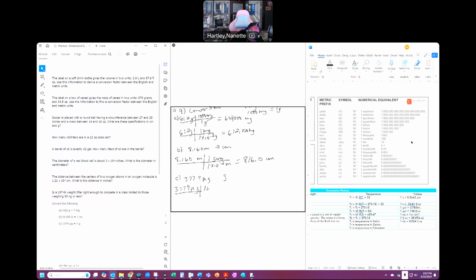1 microgram, sorry, 1 gram is 0.12345 micrograms. Because again, if I do the count on this, the micro, 1, 2, 3, 4, 5, 5 zeros, and then the 1.